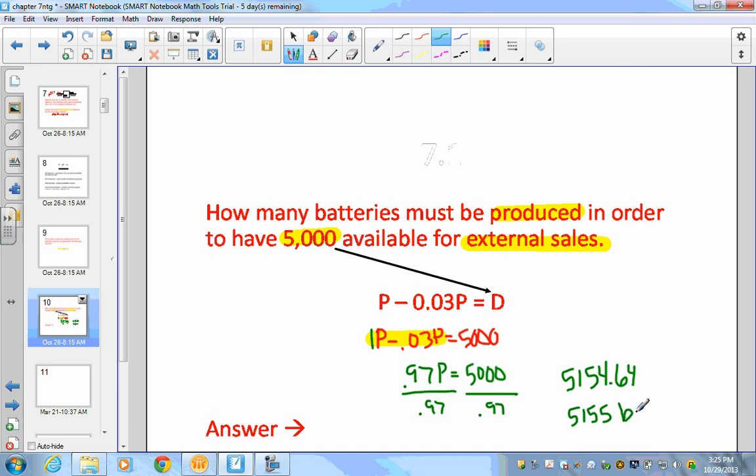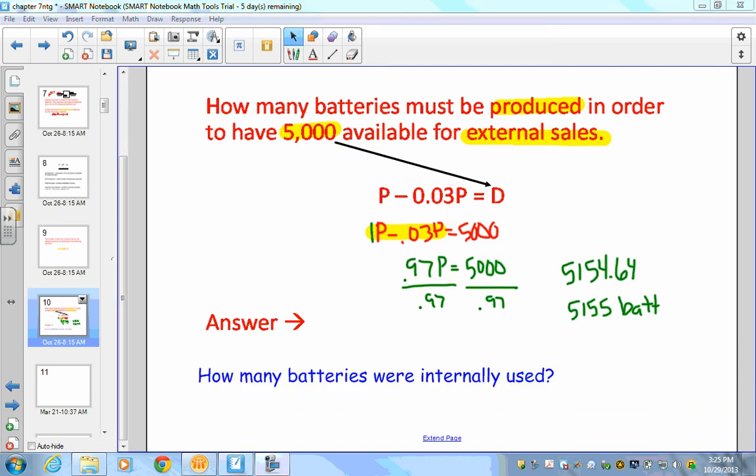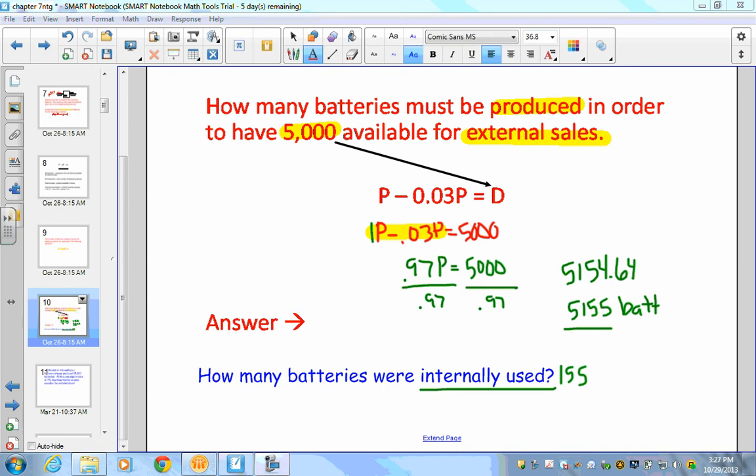So that's how many had to be produced. Okay. Now from this information, I can ask you a couple other questions like this: how many batteries were internally used? Well, we know that 5,000 actually went to Walmart, so to speak, and it produced 5,155, so we'd take the difference. So 155 batteries were produced. Oh, I'm sorry, not produced, were internally used.